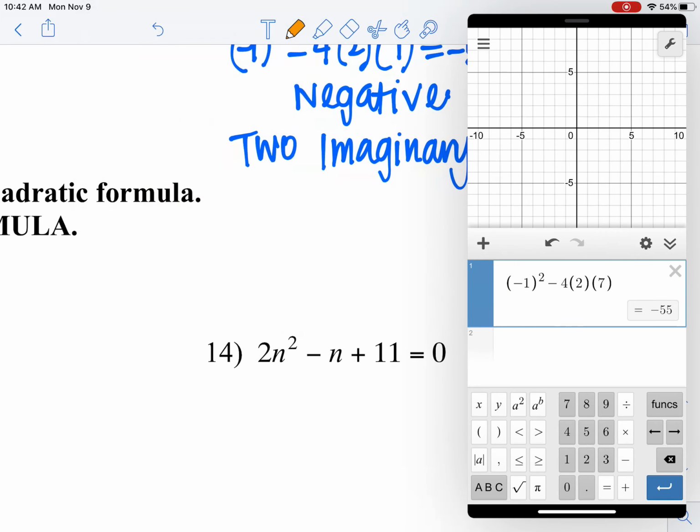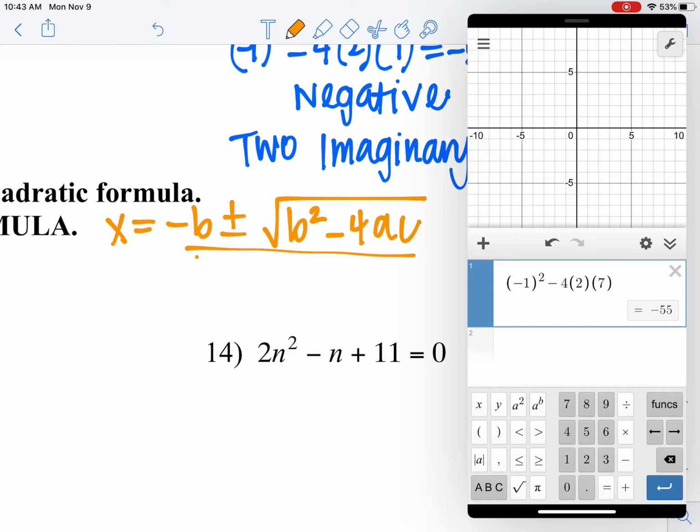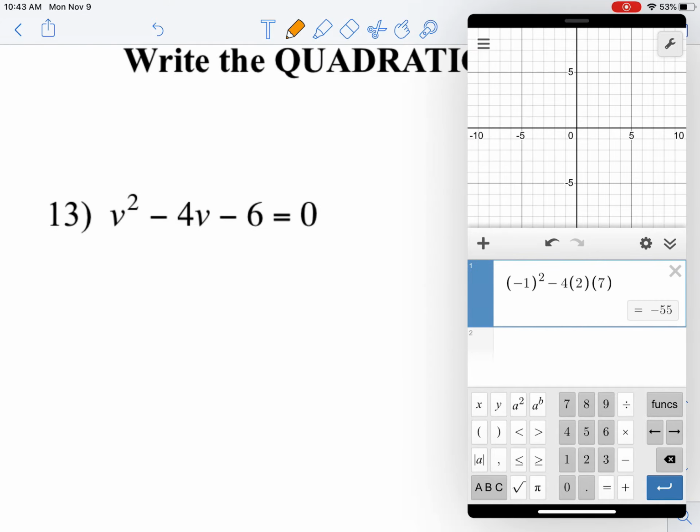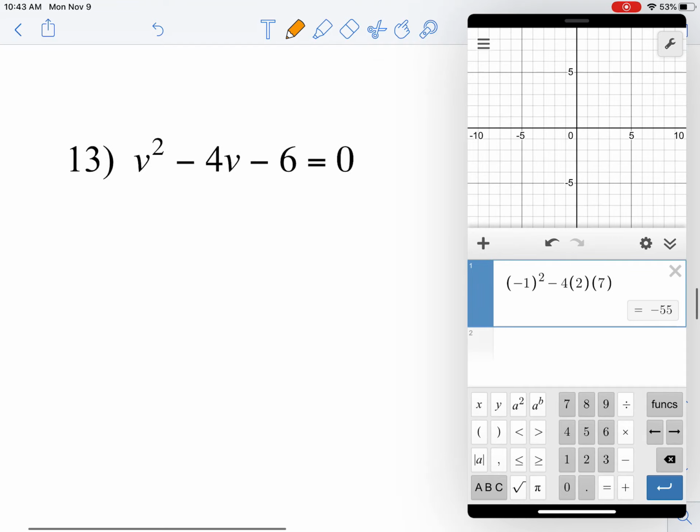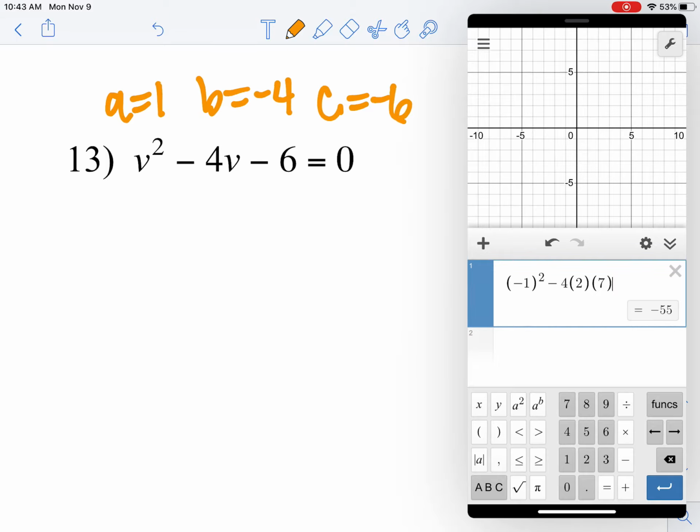Let's just review. Quadratic formula says x equals -b plus or minus the square root of b squared minus 4ac all over 2a. So here, a is 1, b is -4, c is -6.